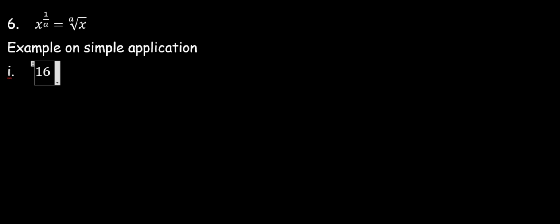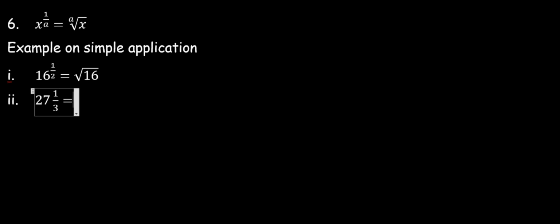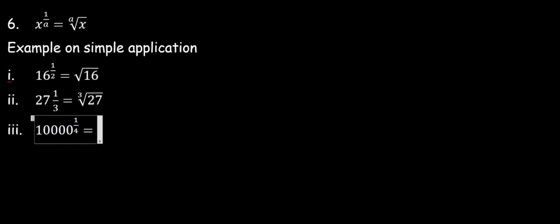Another law says X raised to power 1 over A is equal to the Ath root of X. Example on simple application. 16 raised to power 1 over 2 is equal to square root of 16. 27 raised to power 1 over 3 is equal to cube root of 27. 3. 10,000 raised to power 1 over 4 is equal to fourth root of 10,000.